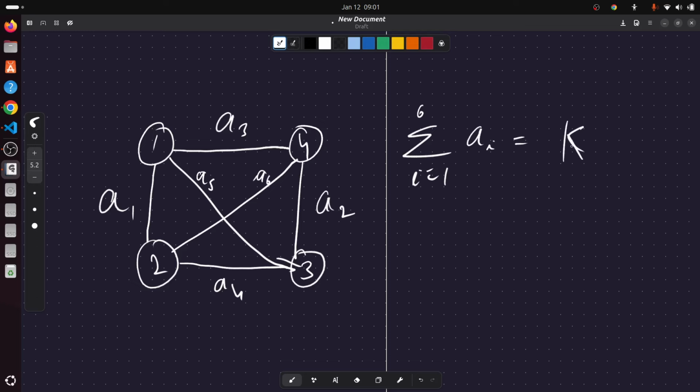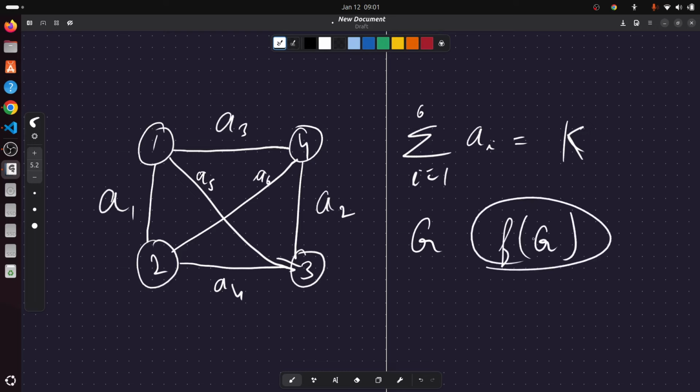So k is given and out of all those graphs g, we have to find the sum of f of g, where f of g is the minimum sum of weights on a cycle of length 4. What is a cycle of length 4? Cycle means a closed path, a closed loop which visits all the vertices exactly once, right?